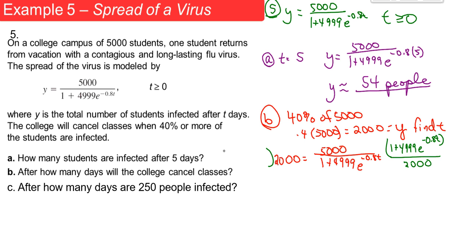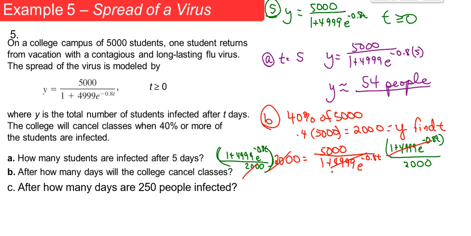Then I'm multiplying by 1 plus 4,999 e to the negative 0.8t all over 2,000. So that makes my 2,000s cancel here, and this stuff cancel there.